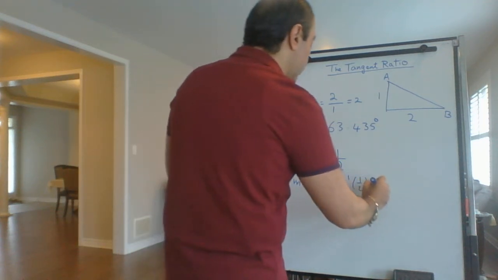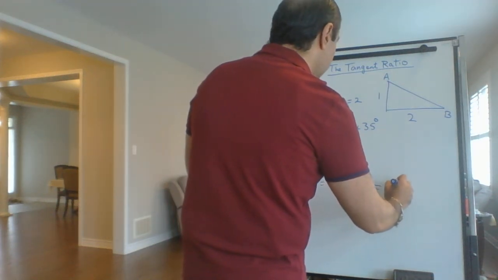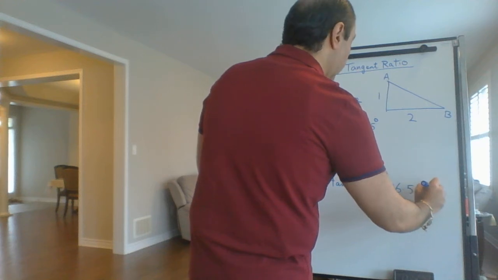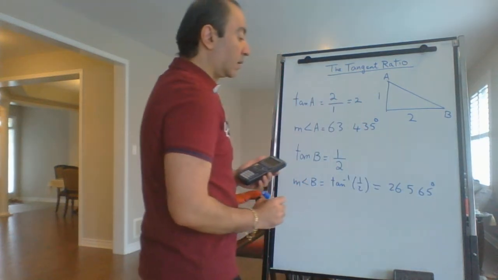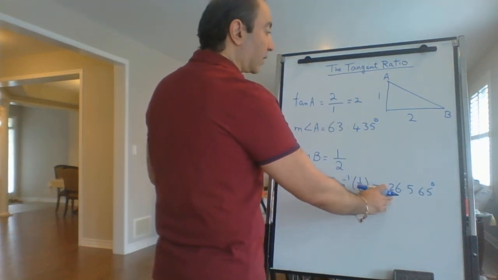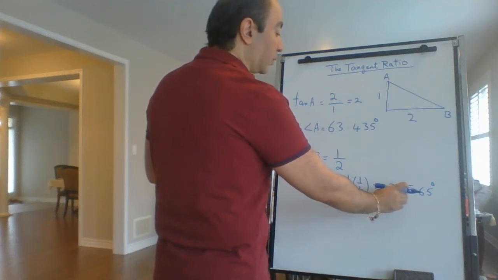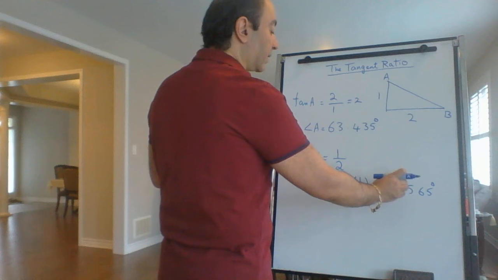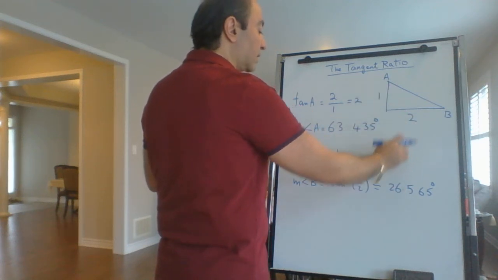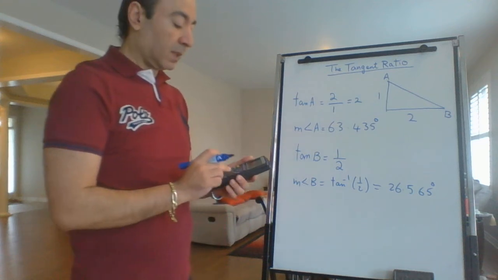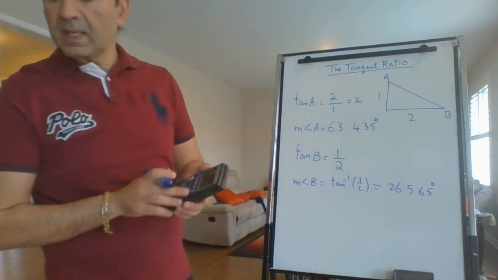We get that the measurement of this angle is 26.565 degrees. That means if you have a right triangle with this angle, the ratio between the opposite and the adjacent of this angle will always be 1/2.